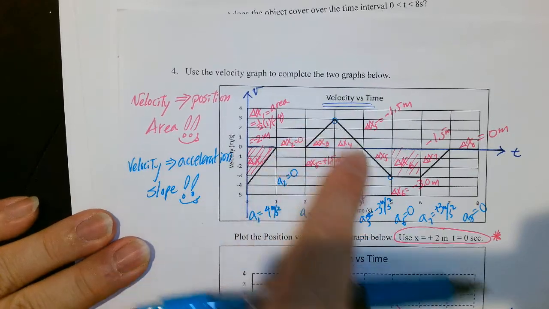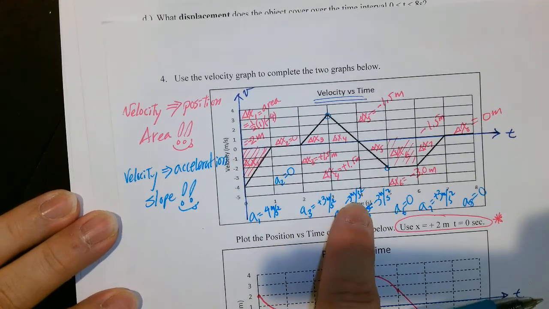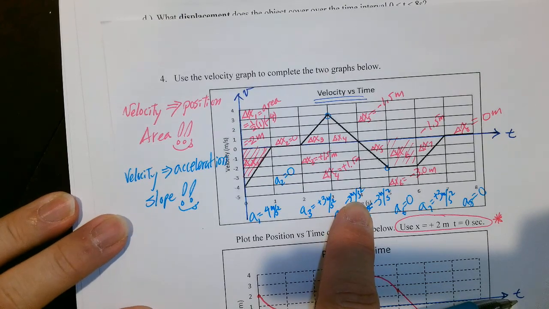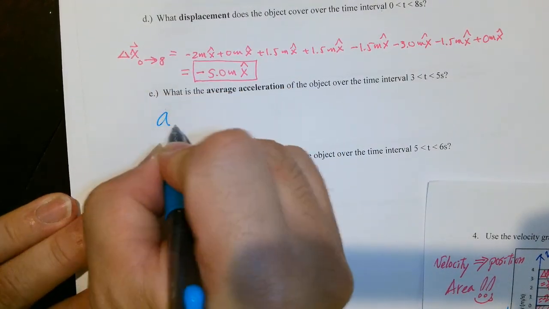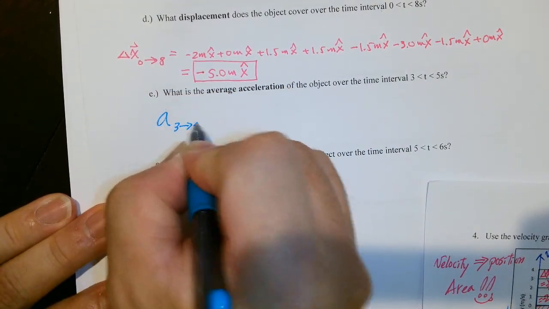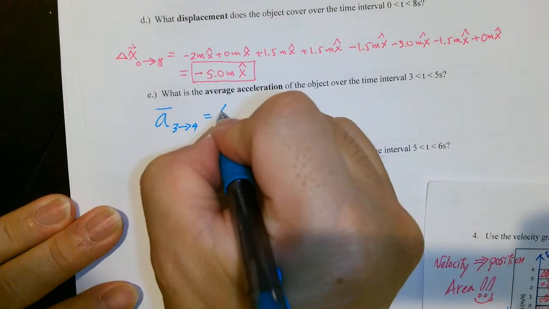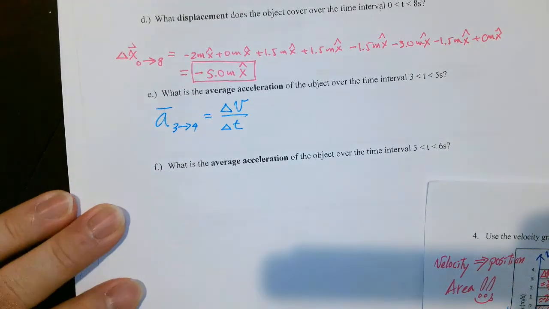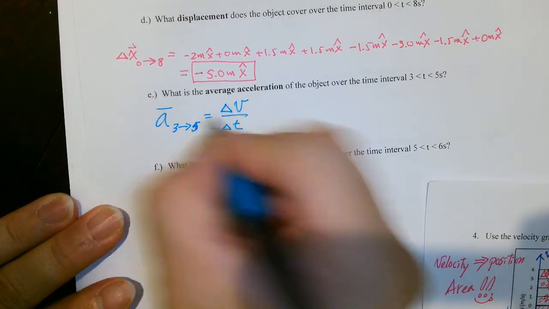And it looks like we already know what that slope is because it was calculated already to be -3 meters per second squared. So the average acceleration from 3 to 4 seconds is equal to change in velocity over change in time. I'm sorry, 3 to 5 seconds.